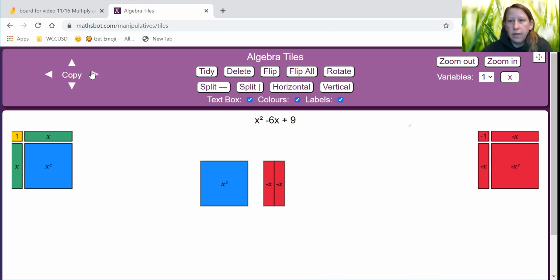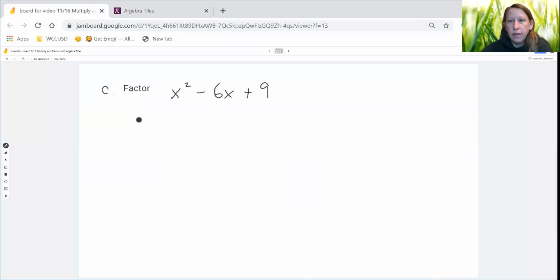So I need 1, 2, 3, 4, 5, 6. I'm just hitting this arrow and it's building them next to it. So I've got x squared, 6x, and 9. 1, 2, 3, 4, 5, 6, 7, 8, 9. That is what x squared minus 6x plus 9 looks like with algebra tiles.